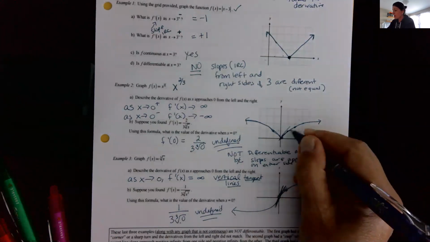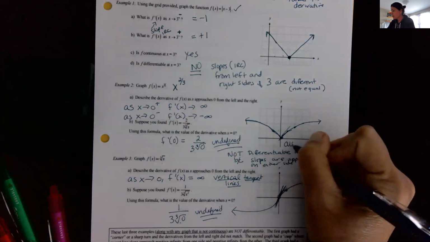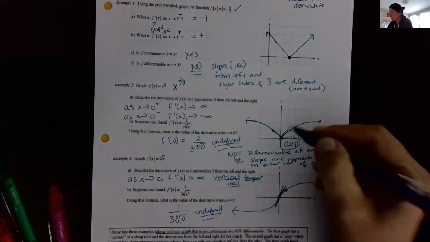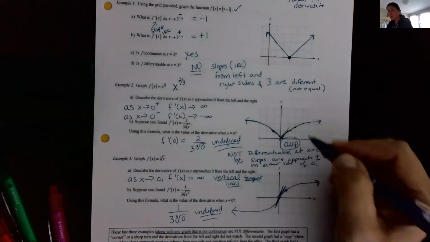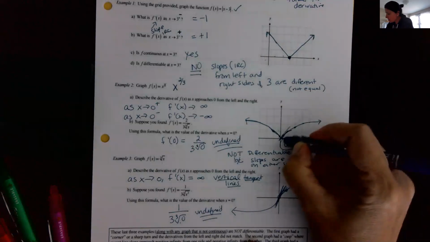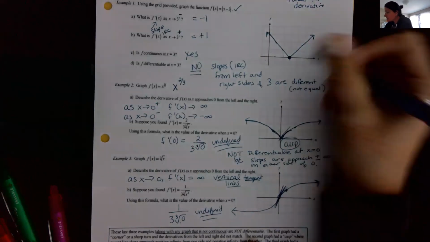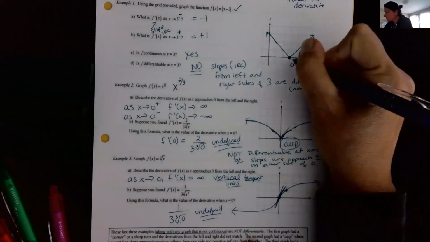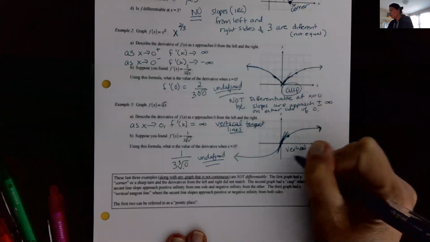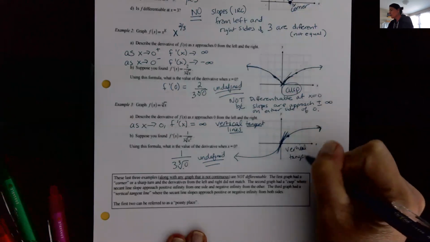This we refer to as a cusp, where it kind of comes into a curved corner. This is a corner, cusp, and then a vertical tangent line. Those are very shortcut ways to say when you're not differentiable at a point.